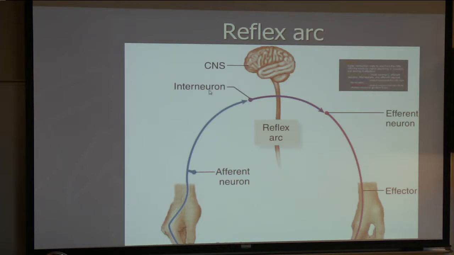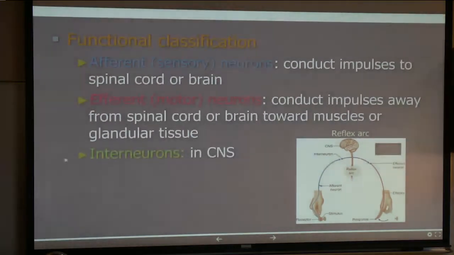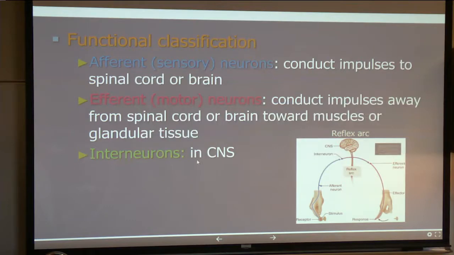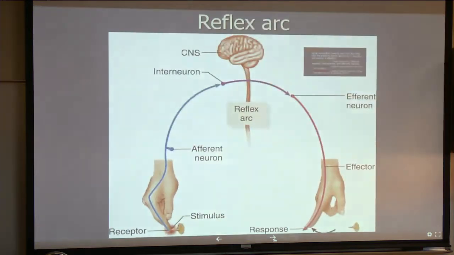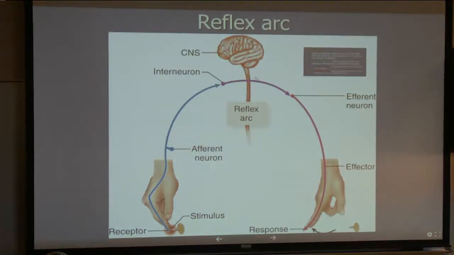So this is the neuron that you commonly find between the afferent one and the efferent one. So if we look at our notes, interneurons are found in the central nervous system. If we go back to this picture, your interneuron is between the two.